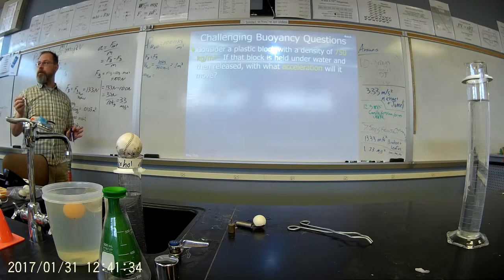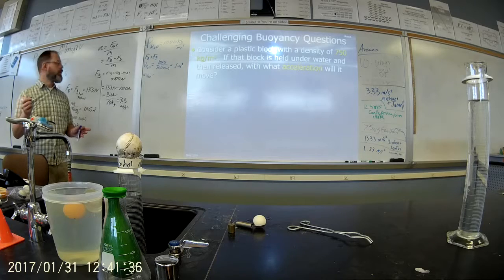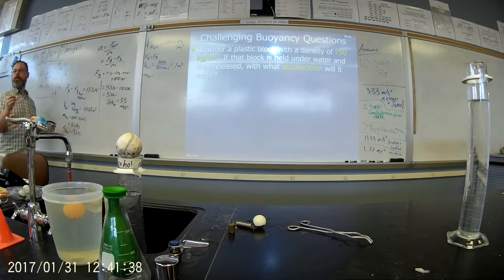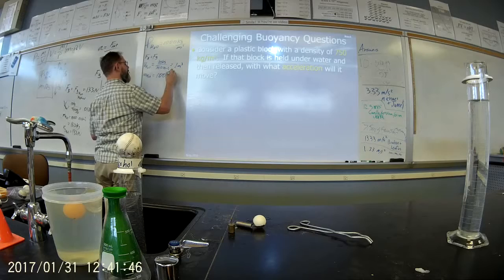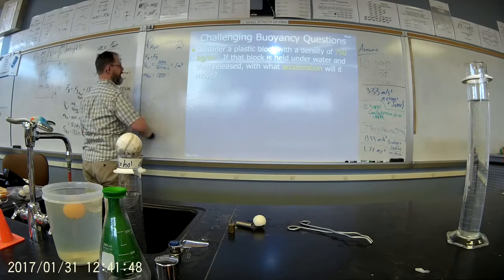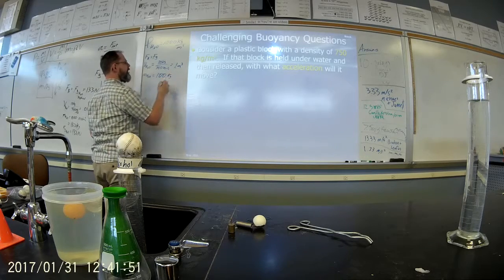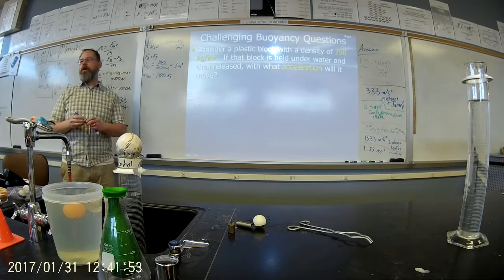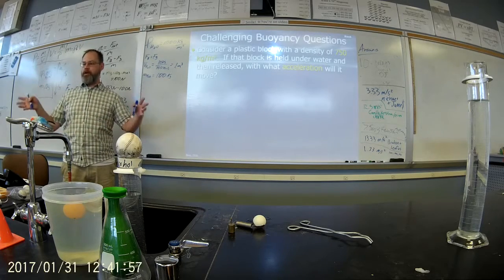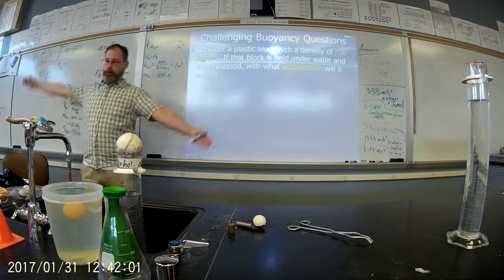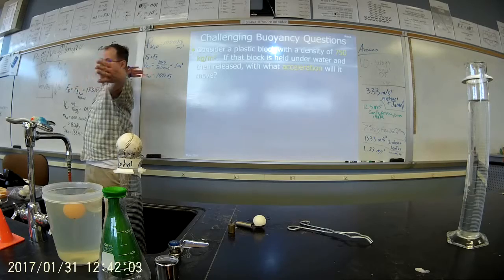H2O still is 1,000 kilogram per cubic meter. It's a lot. Yeah, 100 kilograms. That's a lot. Keep in mind, guys, a cubic meter of water weighs 1,000 kilograms. The density of water is 1,000 kilograms per cubic meter.